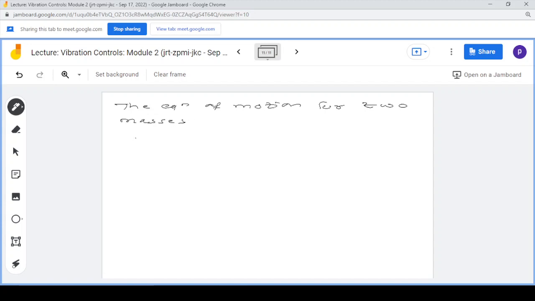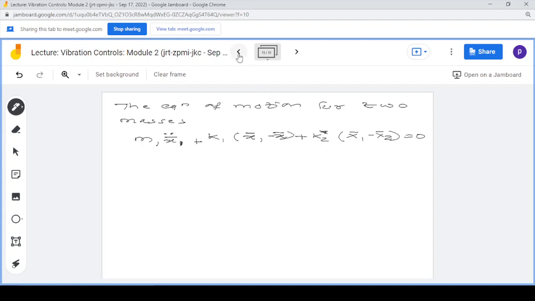we can write down from the figure: m1 x1 double dot plus k1 into x1 bar minus x bar plus k2 star, the stiffness connected to x1 and x2, equals 0, right?